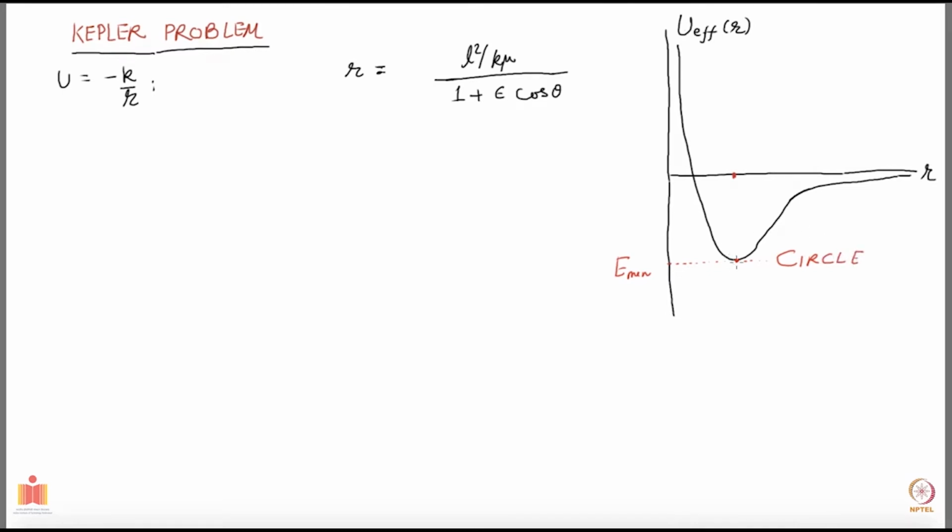Then if you are anywhere between this minimum energy, which is a negative value, and 0, then you get an ellipse. So if you are anywhere between this point and that point in energy, then you get an ellipse.